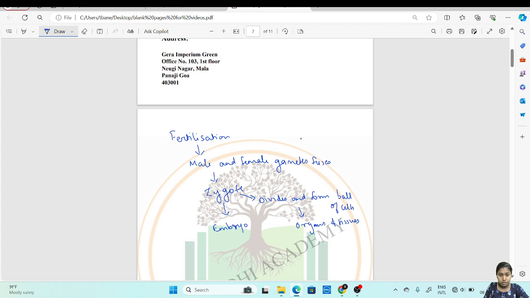So once the embryo is done, it forms a fetus. So what is a fetus? A fetus is a stage where we can identify the body parts of the baby, like hands, ears, legs, head, everything.